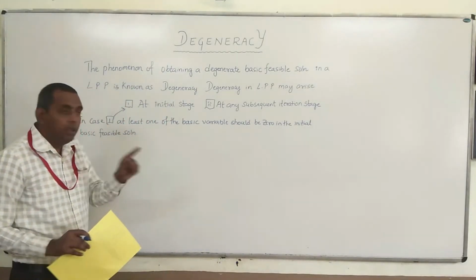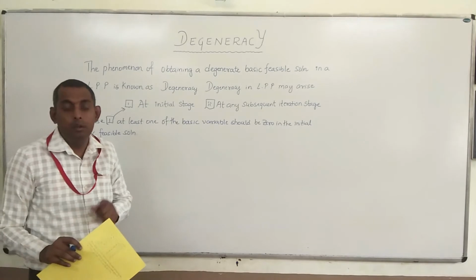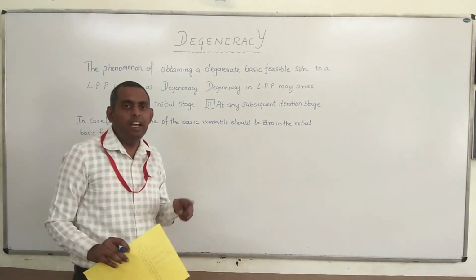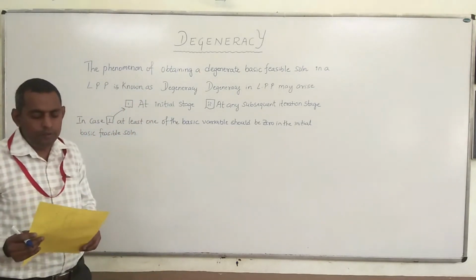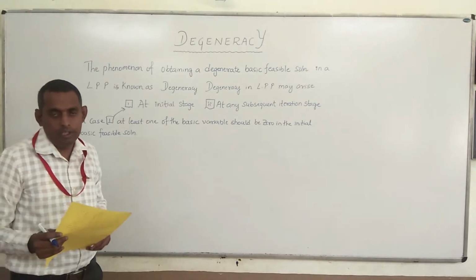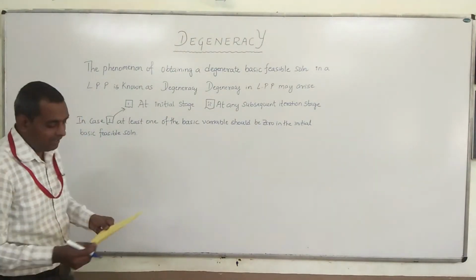What happens in case 1? At least one basic variable has to be 0 in the initial basic feasible solution. That is called degeneracy.